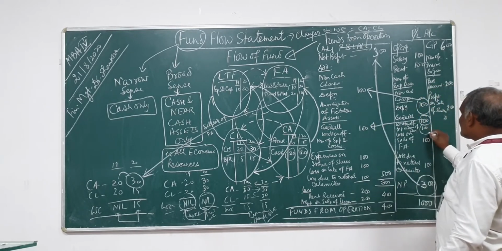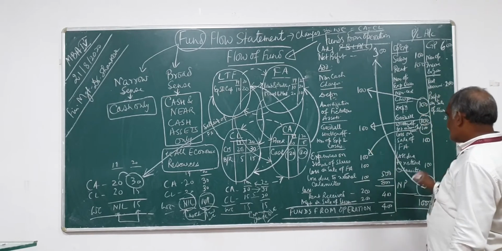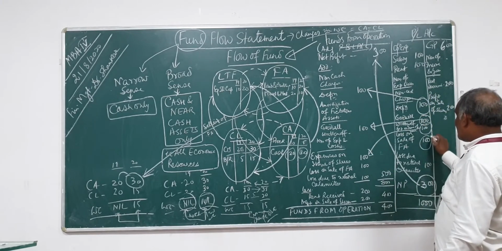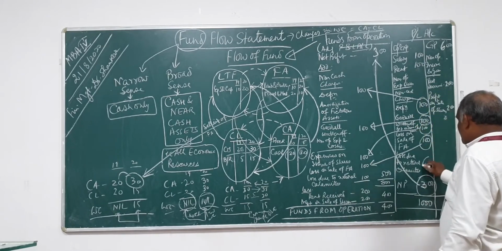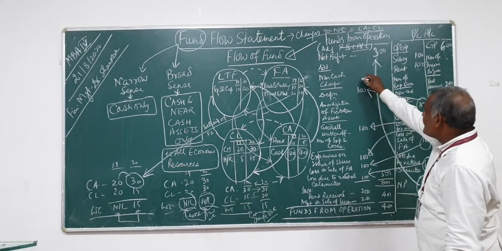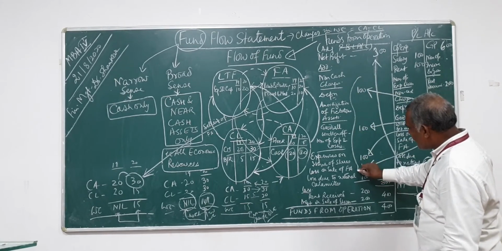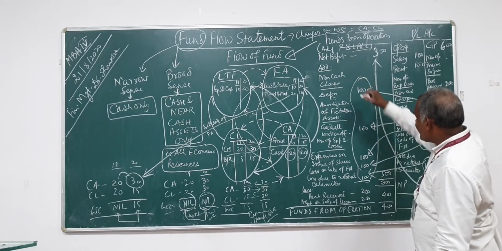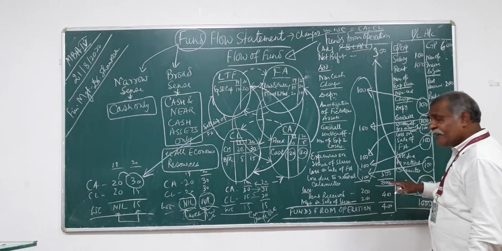Again, expenses on issue of shares, we should re-add back. Again, loss on sale of fixed assets, we have to re-add back. Again, natural calamities, we have to re-add back. So all these 400 we should re-add back, and thereafter the 300 plus 500, 800.